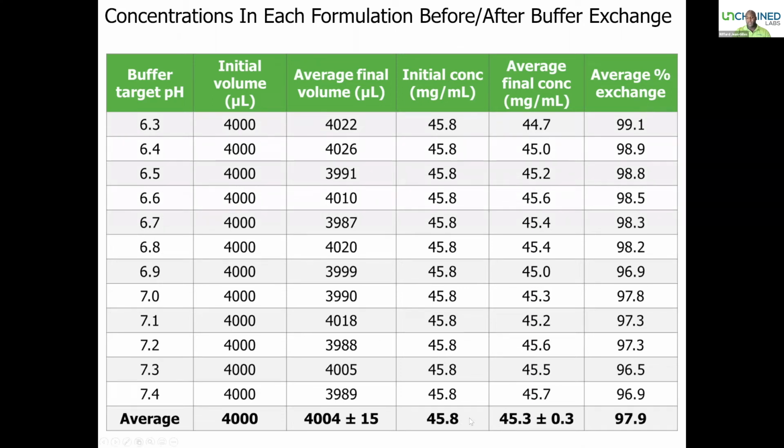You can see obviously in the example here that we are much higher than that. And the exchange rate here again is excellent. So you're going to have a very high efficiency when it comes to buffer exchanging your samples. You can be assured that at the end, what you are getting is in fact a truly buffer exchanged sample into a new buffer that you can then assess for aggregation and other indications of stability.